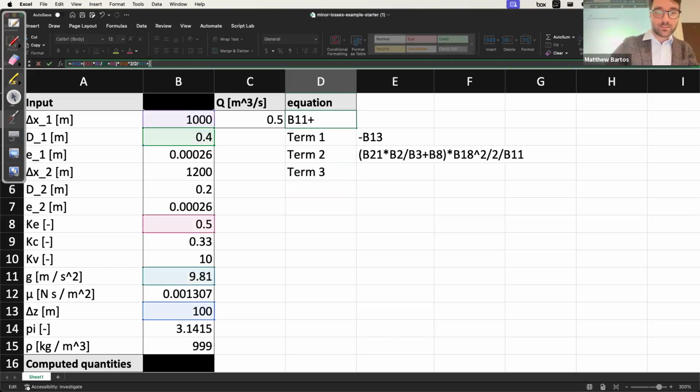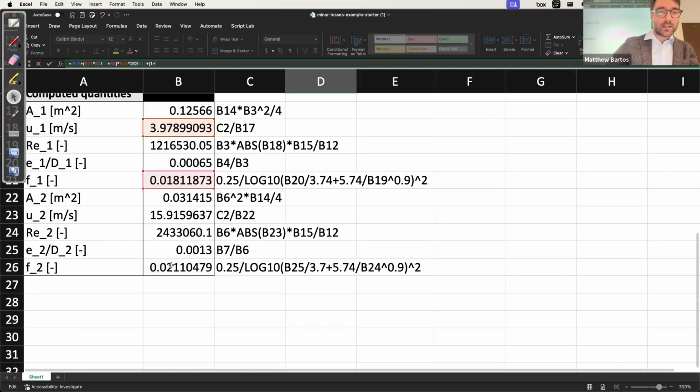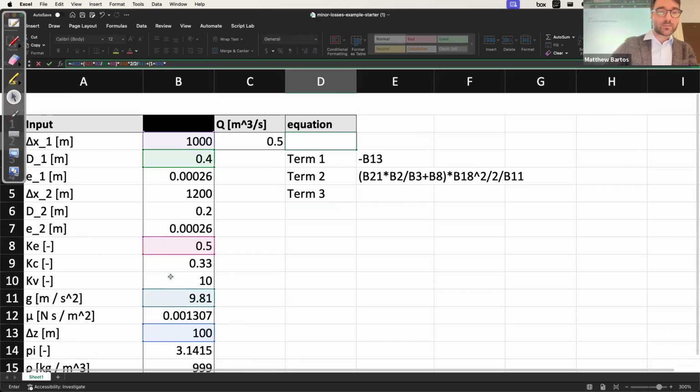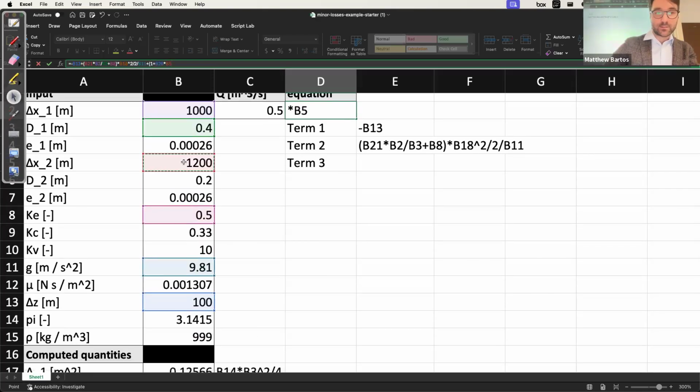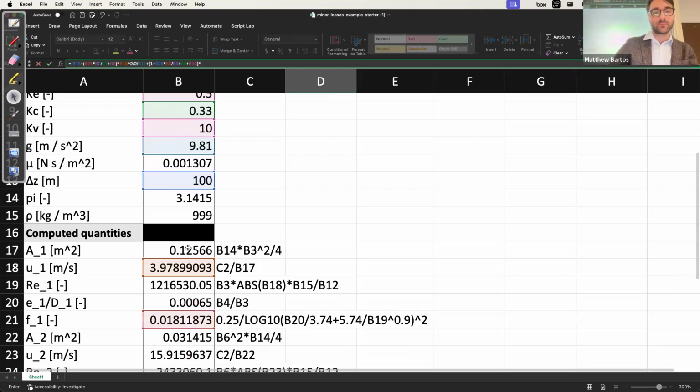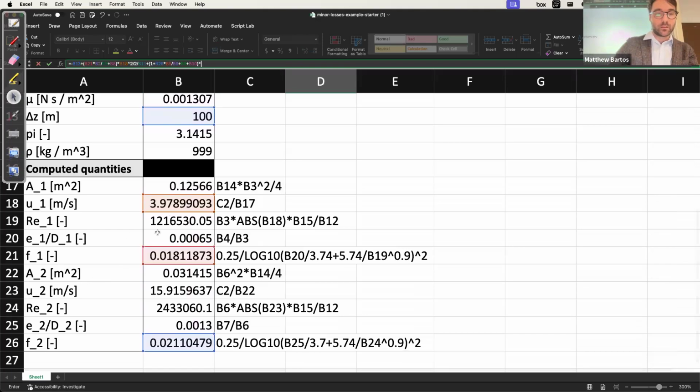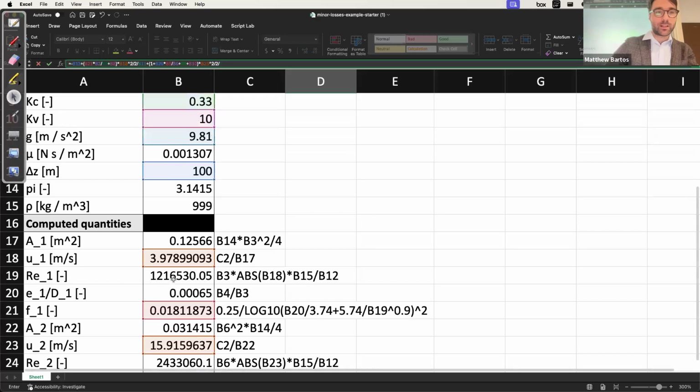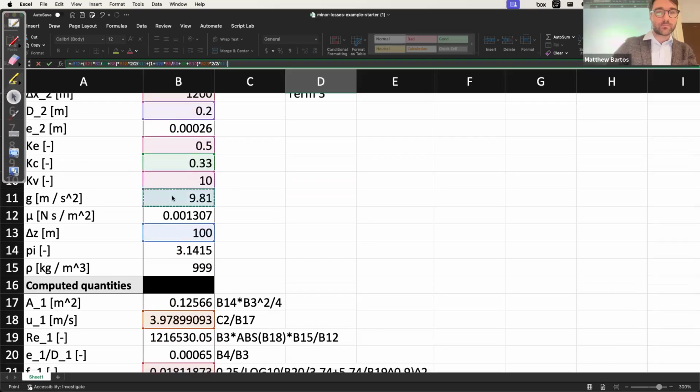So that's going to be plus the quantity 1 plus F2 times delta X2 divided by D2, plus KC, which is cell B9, plus KV, all times U2 squared over 2G. So that's going to be U2 squared divided by 2 divided by G.